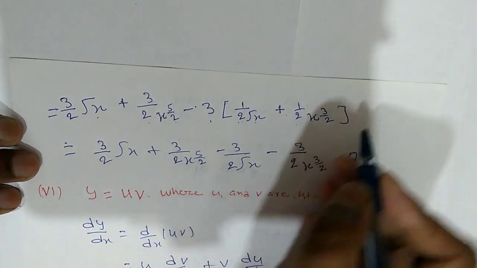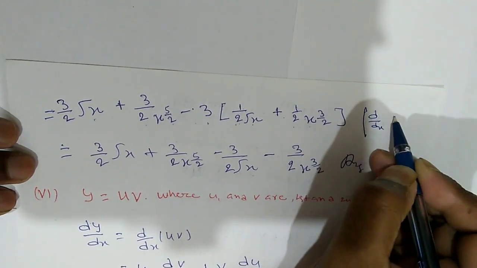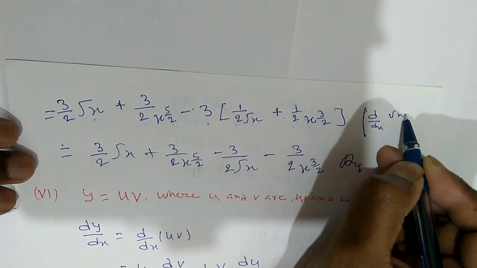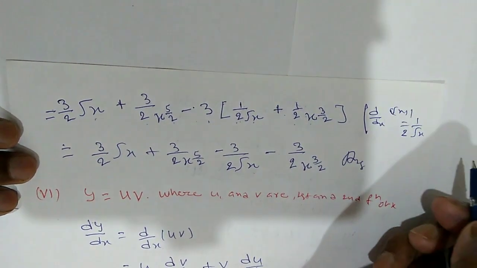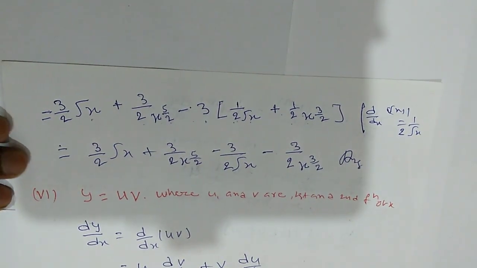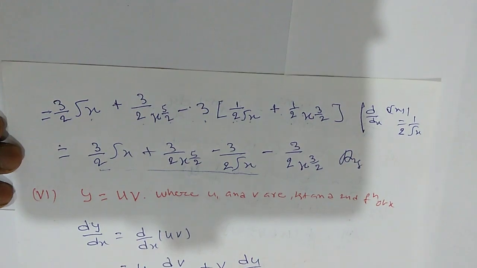This comes from the fact that d/dx of root x is equal to 1 upon 2 root x. So this is our answer. Finally we get this, it is our answer.